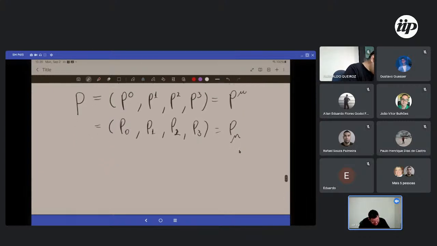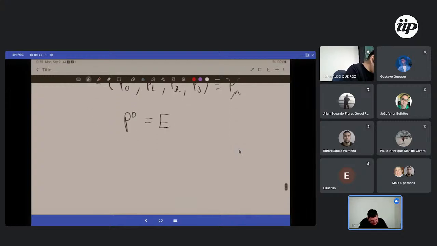P0 here is the energy of the particle, and P1, P2, P3 are the 3 components of the linear momentum. So P is equal to energy and linear momentum. So here appear the most important variables in relativistic kinematics.